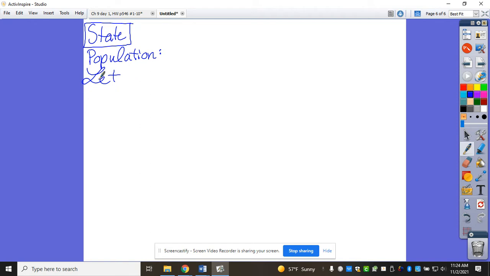So what parameter am I defining? What's the first word? So it's going to be the mean what? Mean concentration of ammonia, and sometimes I go really detailed and write population there, but I'm not going to be super detailed.